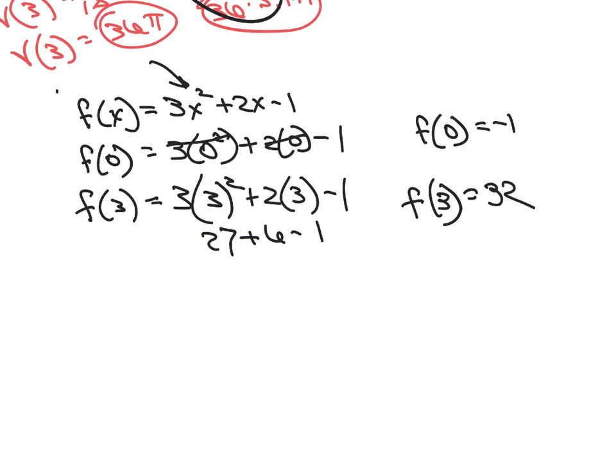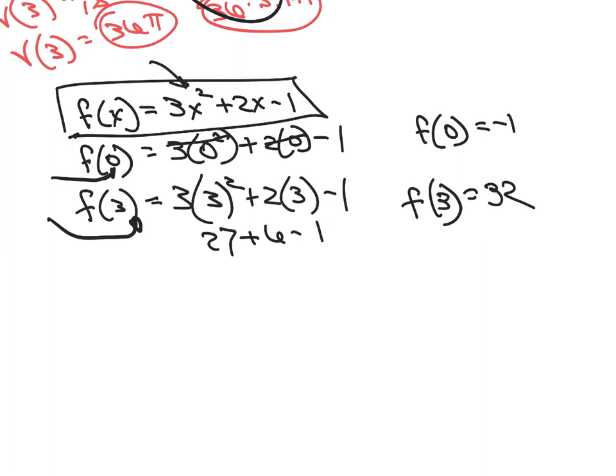We give you the equation, and then whatever number they give you, that is saying f of what number, or the answer to the equation given this number in there is going to be what? So when we put 3 in for x, we're going to get 32 out for y. Okay?